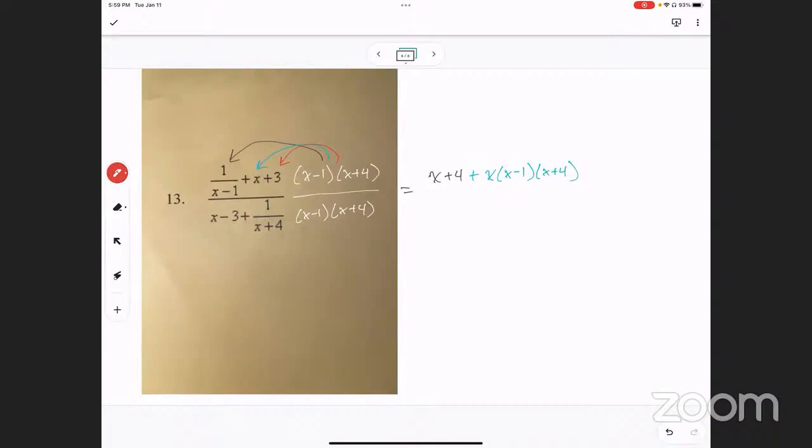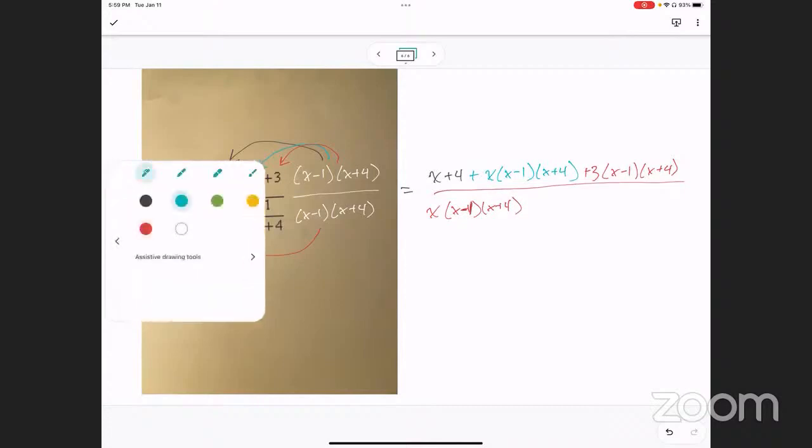And when I multiply that into here, nothing cancels out. It's just 3 times x minus 1 and x plus 4. That's the top. On the bottom, when I multiply this into here, again, nothing cancels out. So it's just x times x minus 1 and x plus 4.